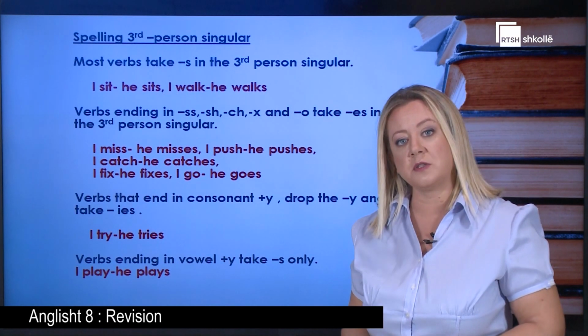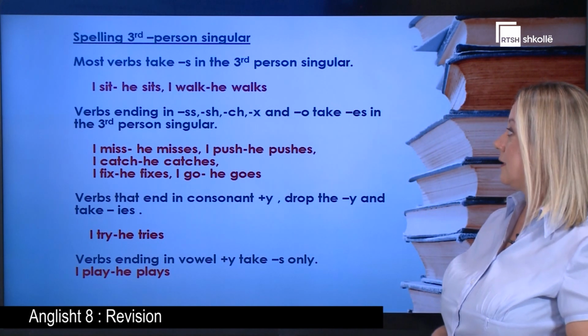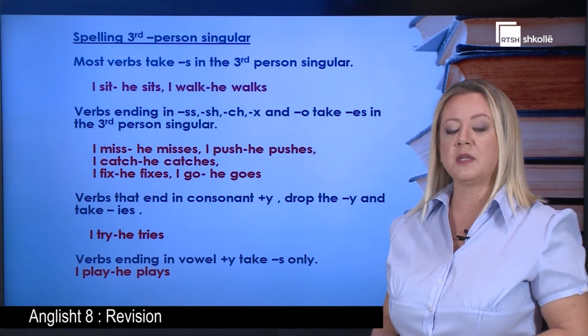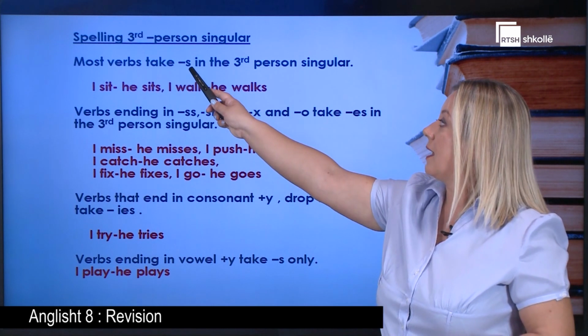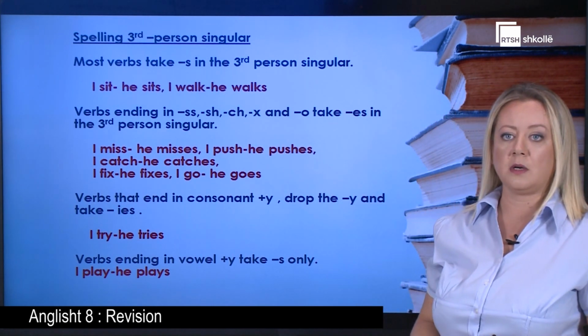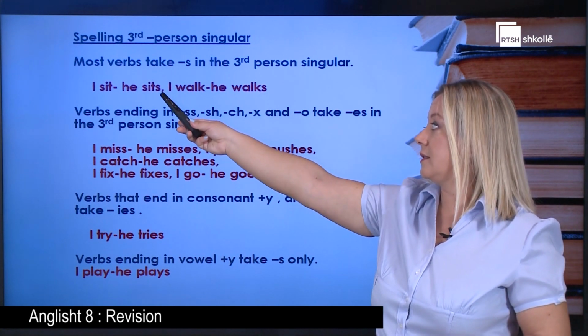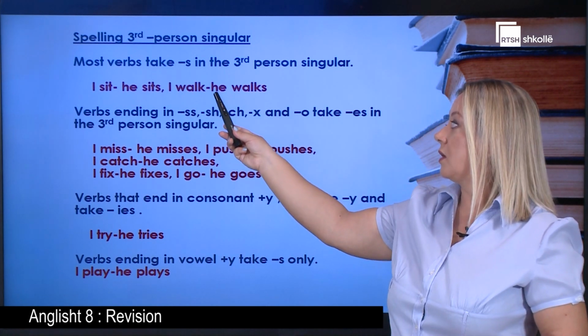Now let's see some spelling rules about the third person singular. In the present simple, most verbs take s in the third person singular. For example, I sit, he sits. I walk, he walks.